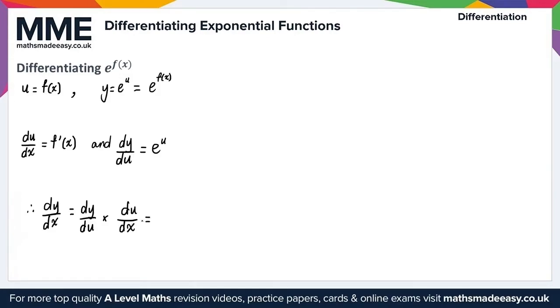And in that case, all we're going to obtain is f prime of x, that's my du by dx, times dy over du, which is e to the u, but we know e to the u is e to the f of x. So that gives us f prime of x times e to the f of x. Okay, and therefore that's the result that we obtain when differentiating e to the f of x.